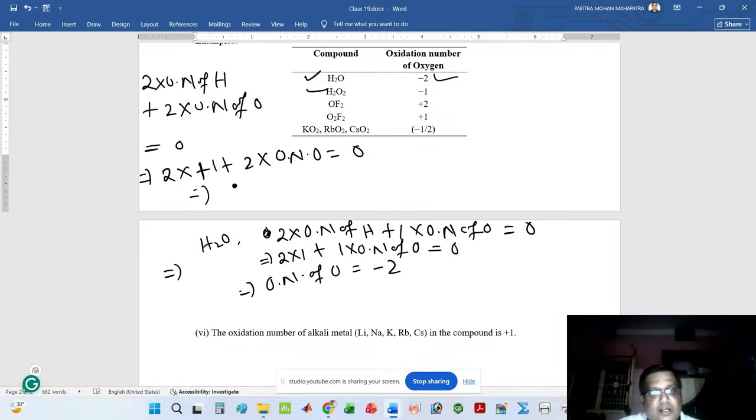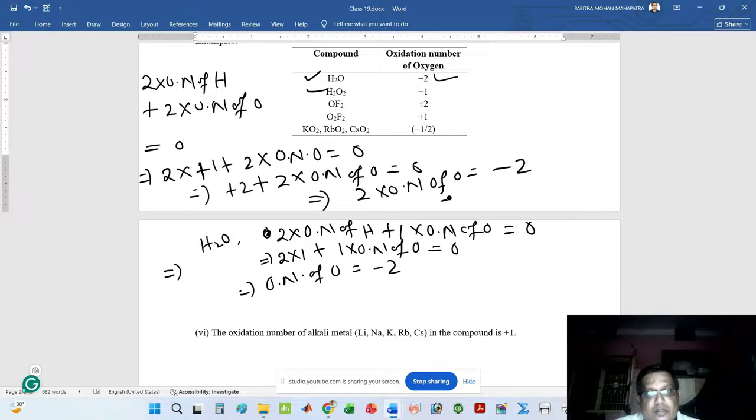That means 2 into oxidation number of oxygen equal to how much? That is your minus 2. Here I can say that oxidation number of oxygen is minus 2 divided by 2, that is your minus 1.